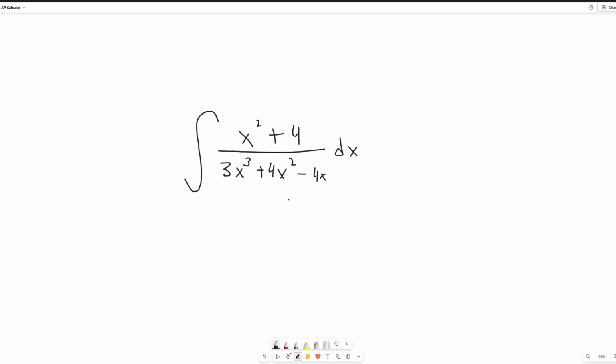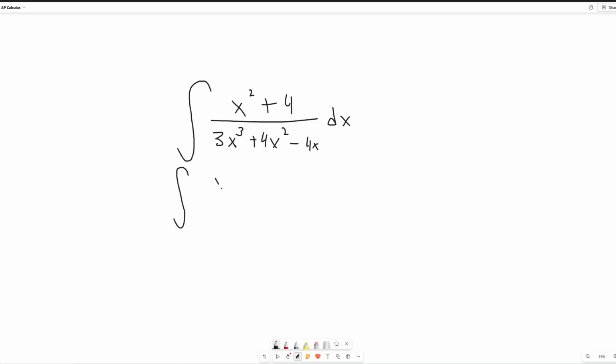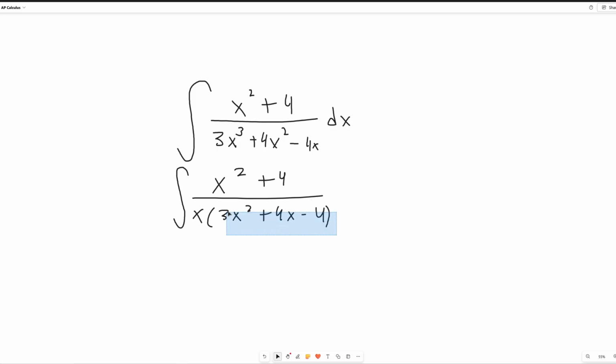So now, this might not initially look like a partial fraction. This might look like a U-sub kind of problem, but if you try it out, U-sub is not going to work here. So, how do we decompose this into a bunch of separate fractions? Well, first of all, we need to factor the bottom. So we will have x, and then you have 3x squared plus 4x minus 4. This, with factoring, is factored into, I believe, 3x minus 2, and then x plus 2.